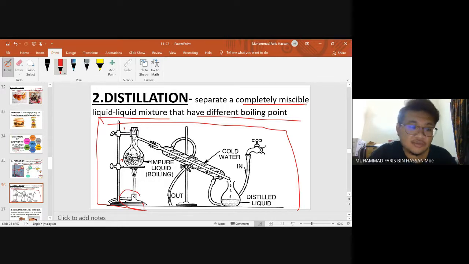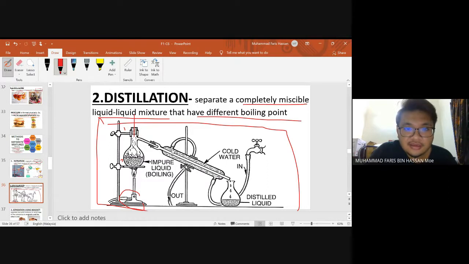We have to put a thermometer here, because the thermometer is needed to read the temperature. For impure liquid, let's say we use plain water, the boiling point of plain water should be around 100 degrees C.